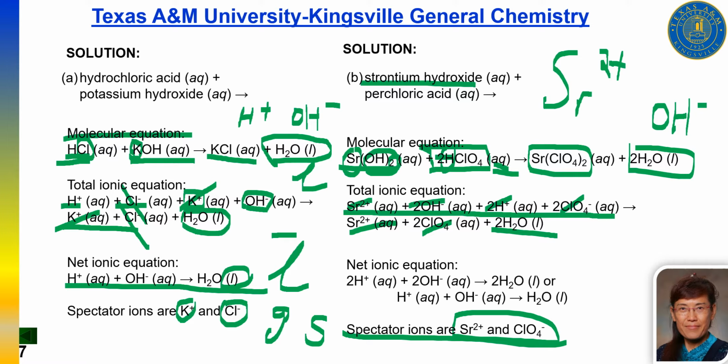You are going to receive your net ionic equation. So you found you have 2 moles, 2 moles, 2 moles. Therefore, this number 2 can be removed. You can simply divide by 2 for all the coefficients. So you have proton plus hydroxide, both aqueous, produce 1 mole of water, which is a liquid.